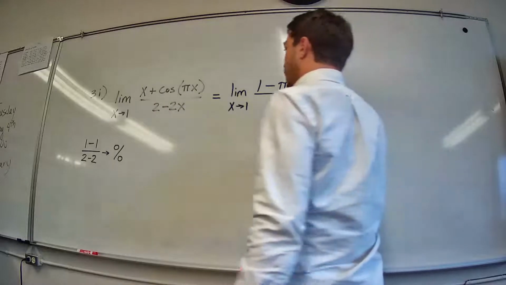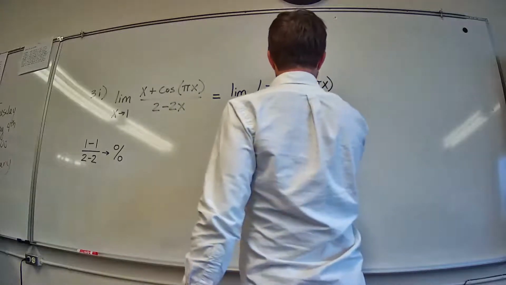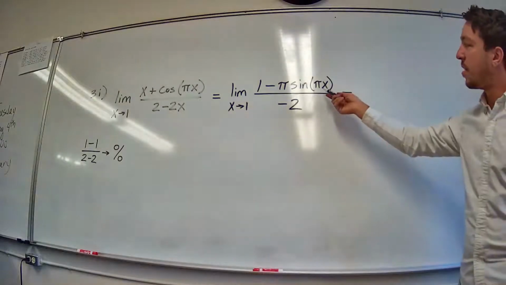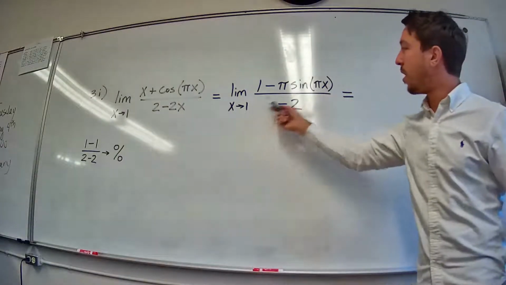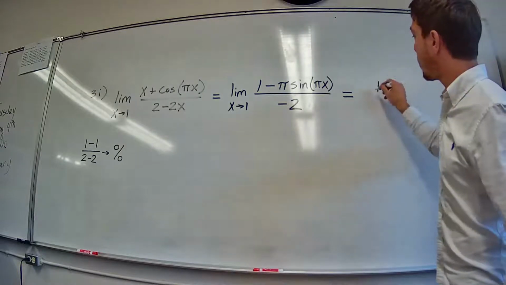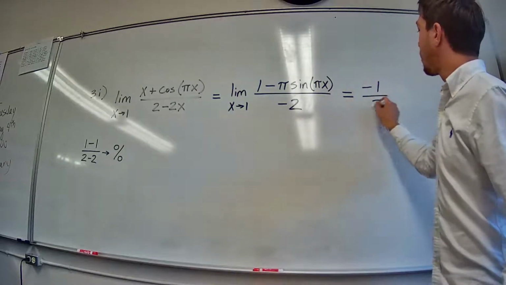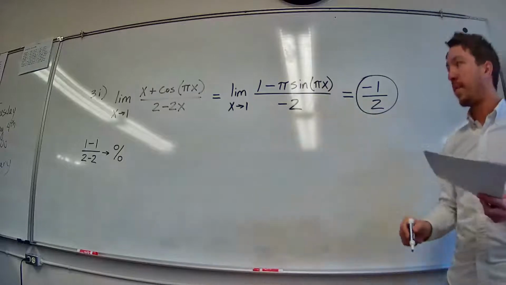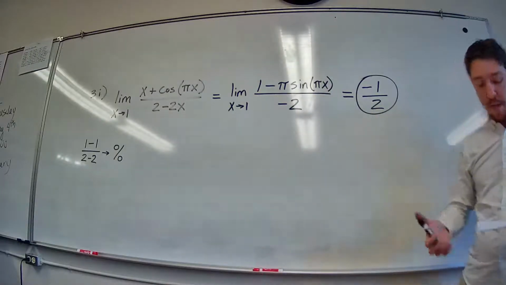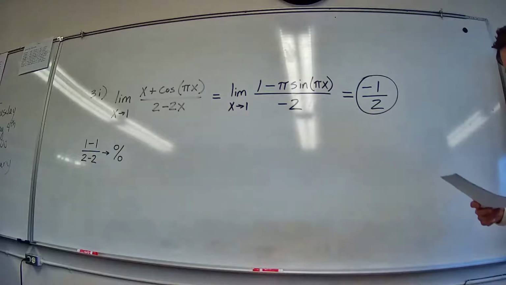Not that pi is going to really matter in a few moments, but it's there anyway. Plugging in the 1, what's sine of pi? 0. So the answer is -1/2. There we go. Anyway, I hope they're not too horrible.